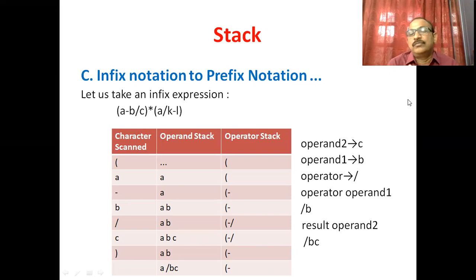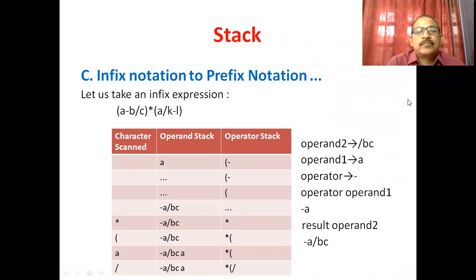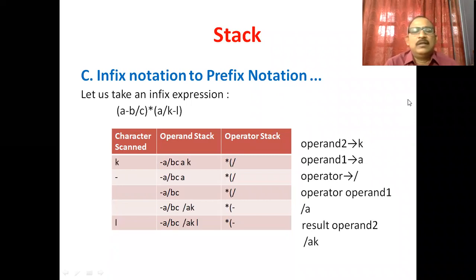The result is the division operator followed by B, and operand 2 is C. And you will push this /BC onto the top of the operand stack. And repeat this process. According to the algorithm, you will get the result on the top of the operand stack.